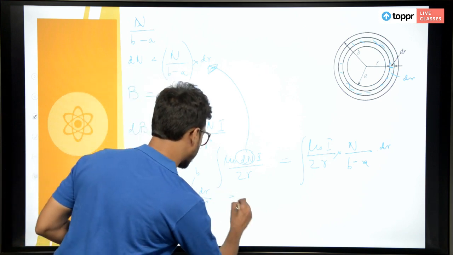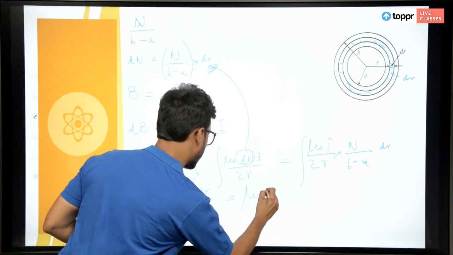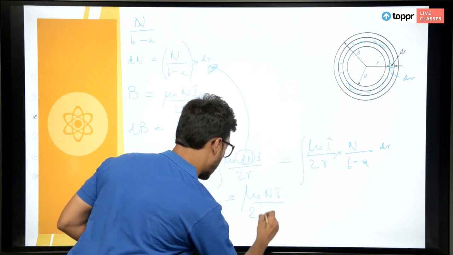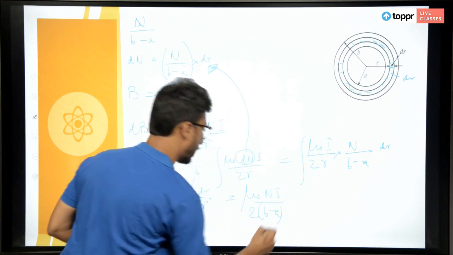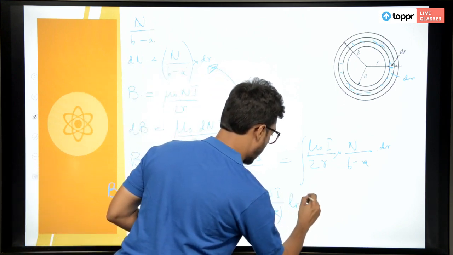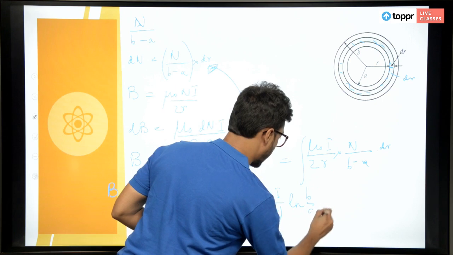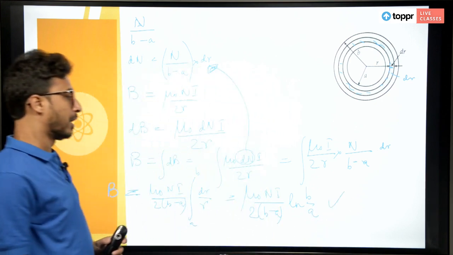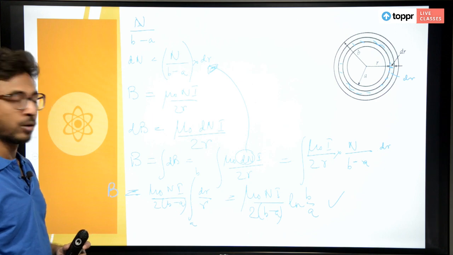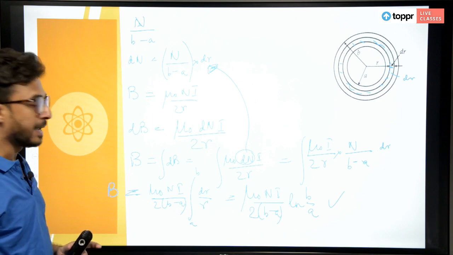So it is mu 0 ni divided by 2 into b minus a ln of r, and putting the values of b and a directly you can find mu 0 ni divided by 2 b minus a log to the base e b by a.